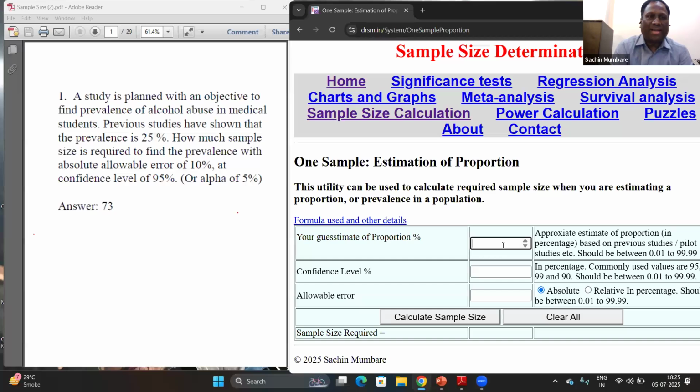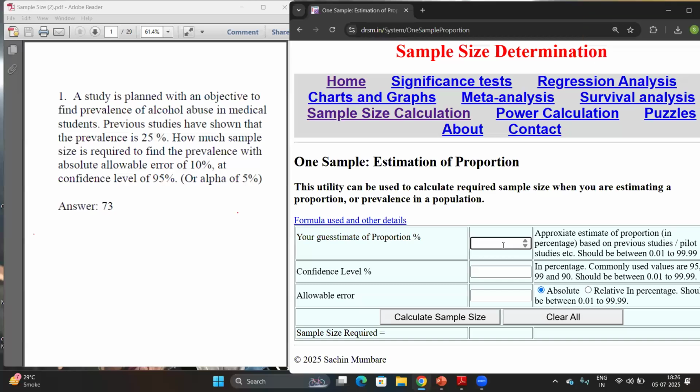Now, from where can you get these values? Here you have to identify only one value, the guesstimate of proportion from previous studies by review of literature. So how much is the guesstimate of proportion of alcohol abuse in medical students given in this example?